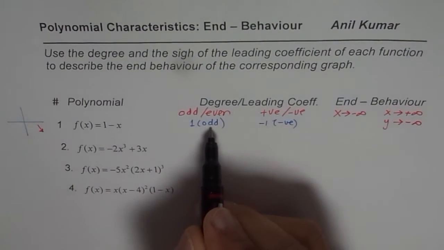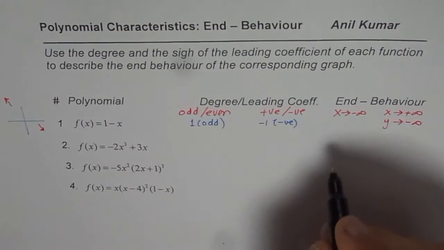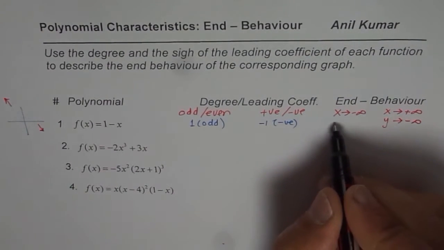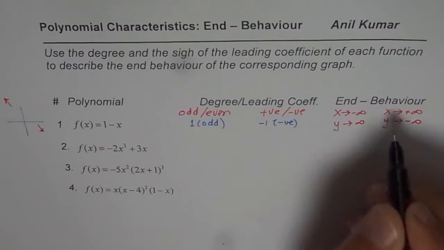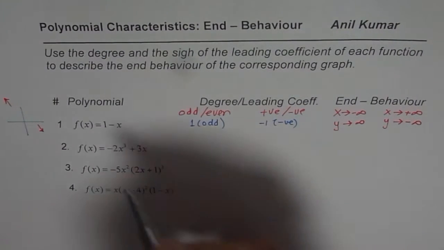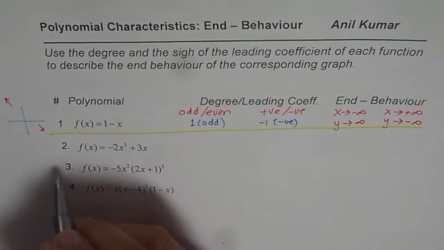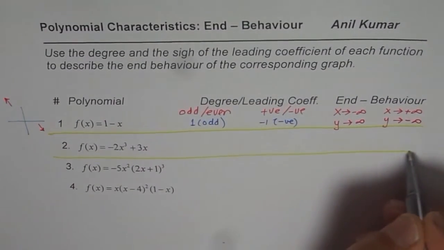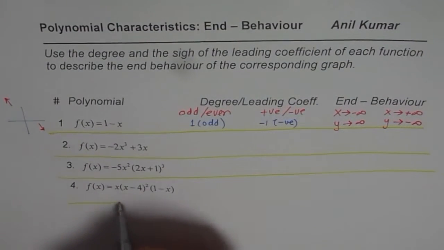Now when it is odd, then both are facing the opposite end. So the left side is up, and that means when x is approaching negative infinity, y is approaching positive infinity, right? So that becomes the solution for the first polynomial, f of x equals 1 minus x. Now let us continue and write down the solutions for 3 and 4 also.